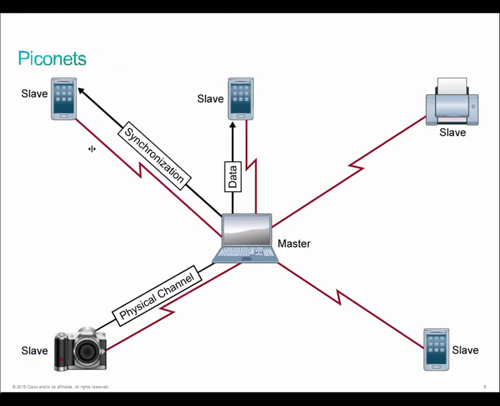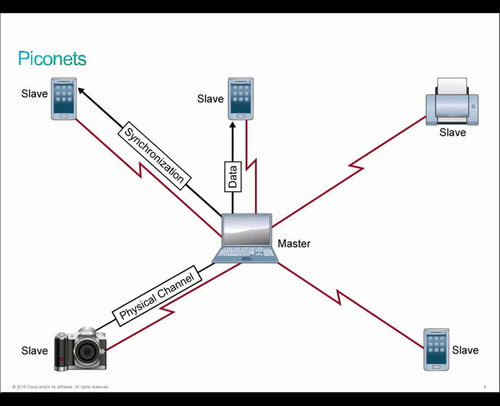Another type of wireless network is something called a Piconet. Again, probably something that you're not going to see too much in an enterprise network. But a Piconet is another type of ad hoc network. As the diagram describes here, it's going to link a whole bunch of wireless users into a group, typically using some sort of Bluetooth technology.